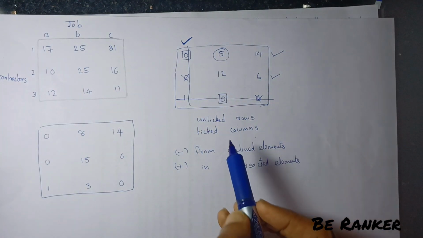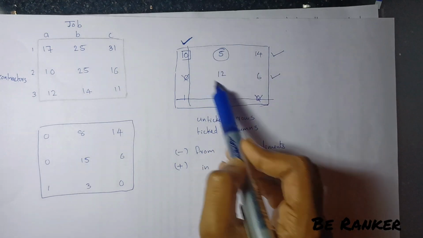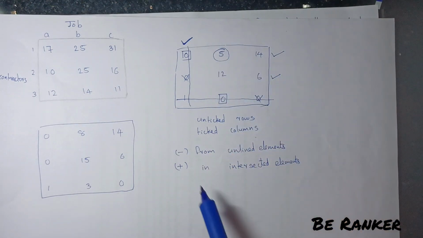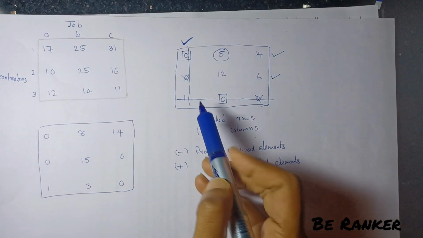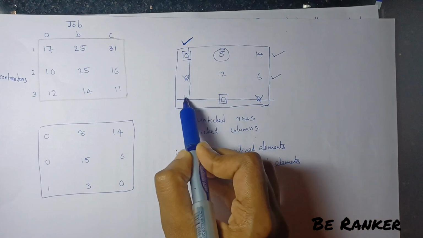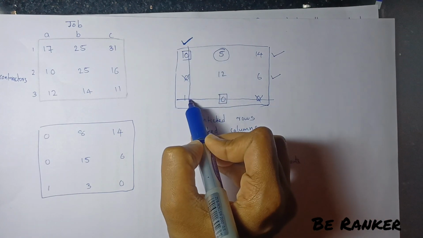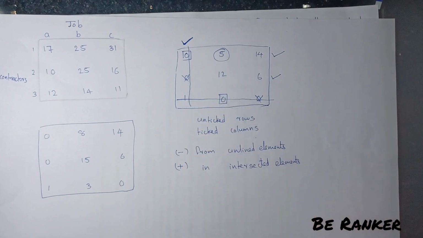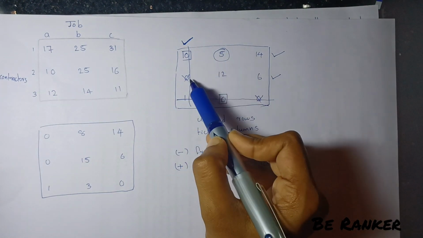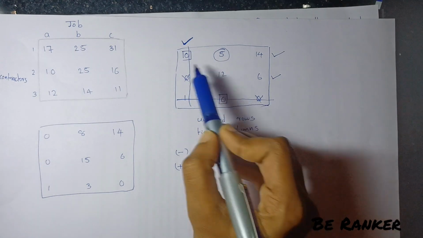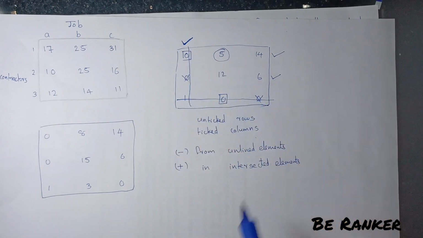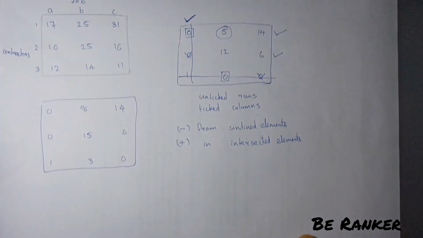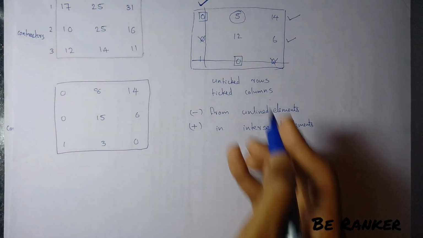So I subtract it from these 4 unlined elements, and add it to the intersected element. Here the intersected element is this one, where these 2 lines intersect. These zeros remain constant. Okay, so I write it in here.